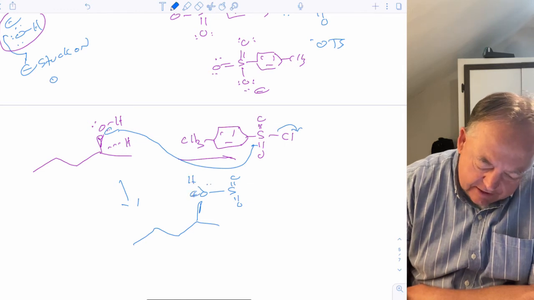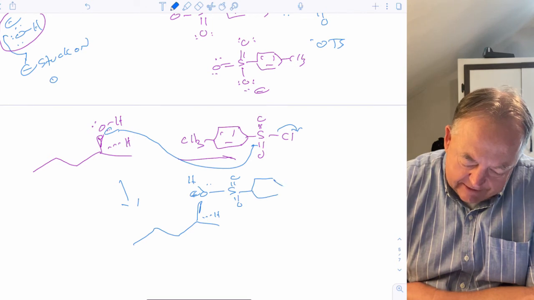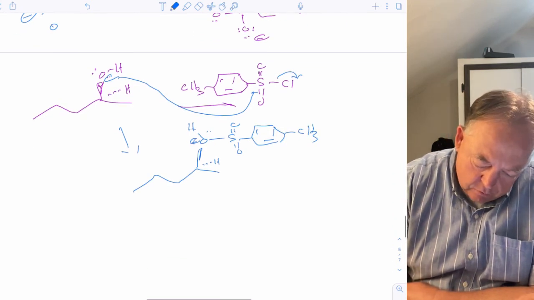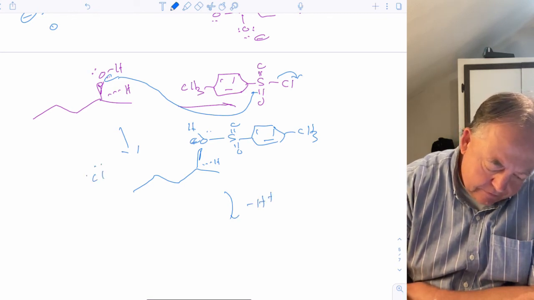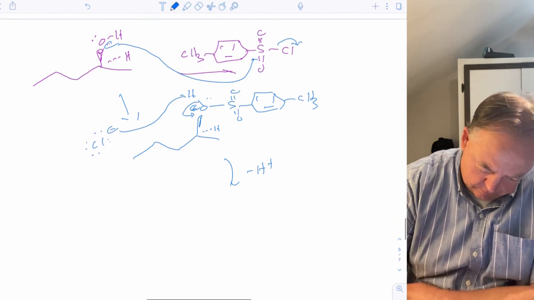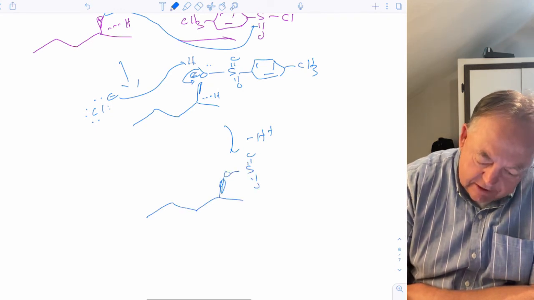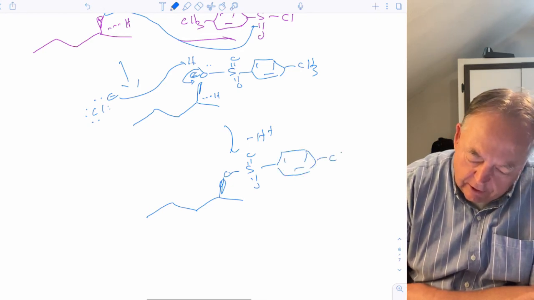So nothing happens to the stereochemistry at the carbon, because the reaction is at oxygen and not at carbon. And then we lose the hydrogen, right? Cl minus takes it. So the stereochemistry at this point is still the same, because the reaction is only occurring at oxygen.